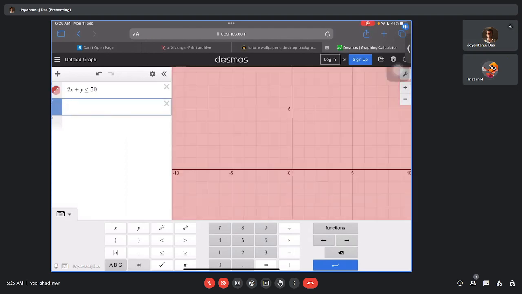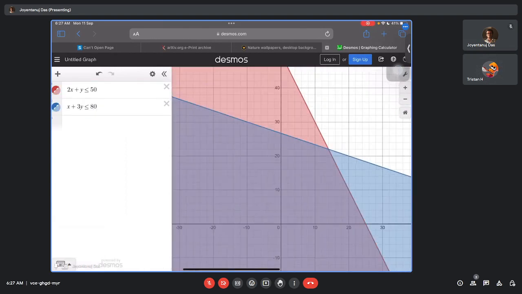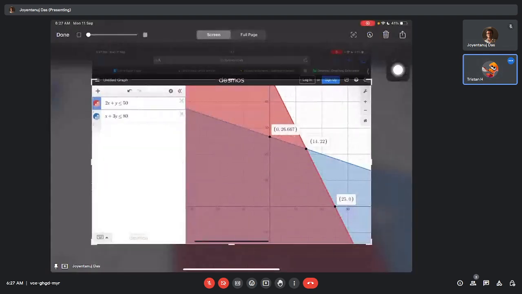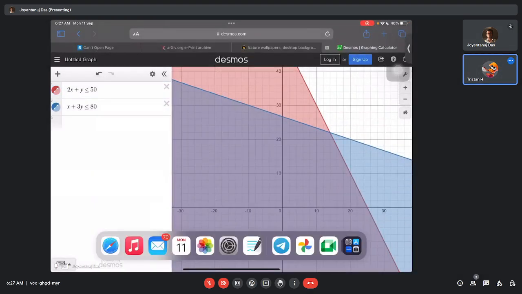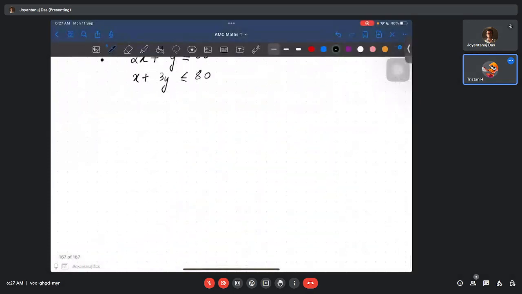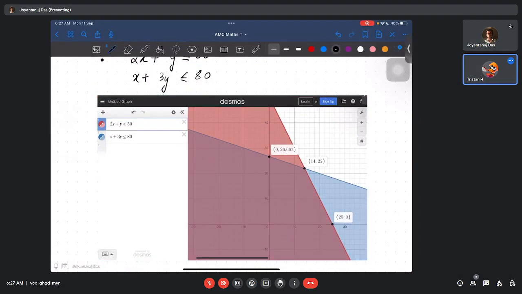And the next one is x plus 3y is less than or equal to 80. So our region is this region.